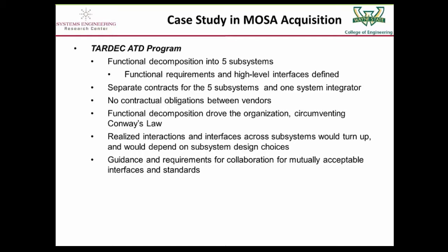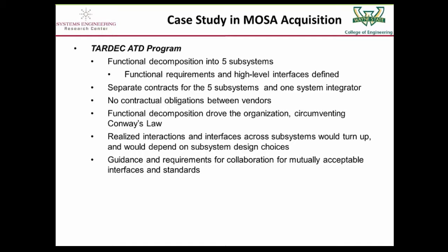They used a functional composition to pick those 5 subsystems, and one of the things that they were able to do, a side benefit here, is that they were able to use an architecture based on their functional decomposition, as opposed to what often tends to happen, which is that the structure of the engineering organization ends up defining the architecture of the system.